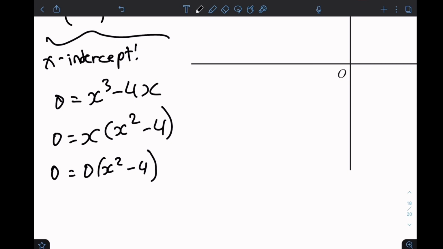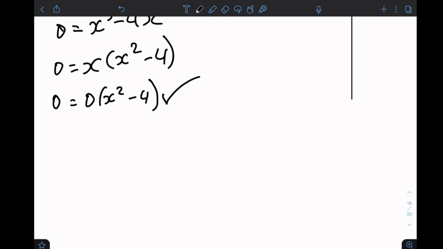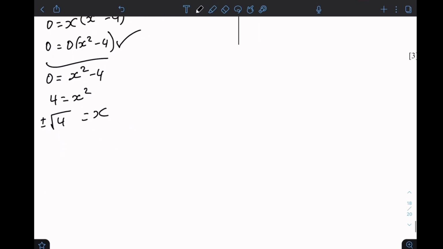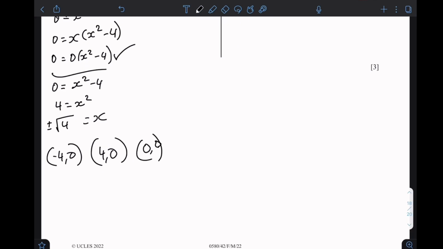So there are two factors, and x equal to 0 will automatically make it 0, so this is correct. Now if I take the 4 to the other side, x squared equals 4, then x is plus minus 2. So there are three values for the x-intercept, which are (-2, 0), (2, 0) and (0, 0), which was already mentioned there. So basically the origin.